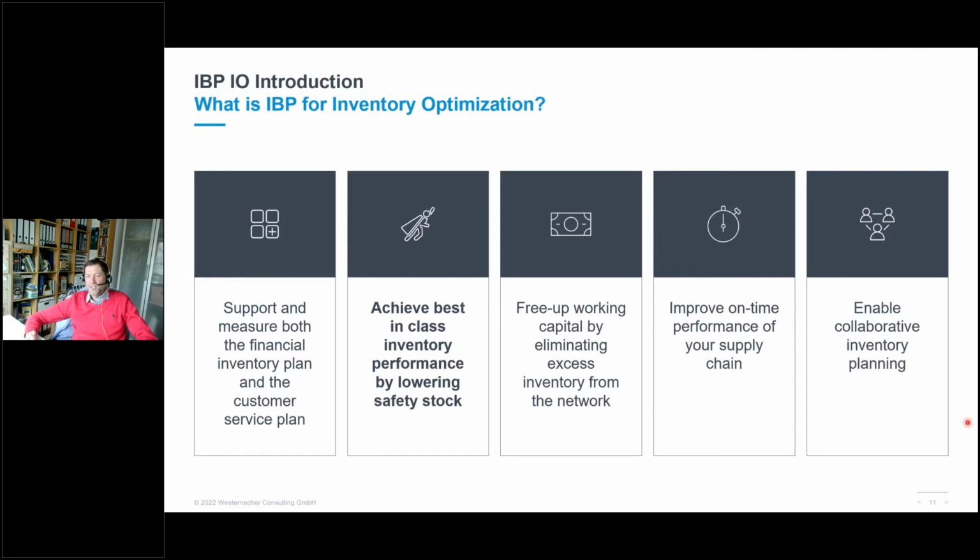And the last process is a collaborative one, because you can use the IBP to collaboratively work on the inventory plan, not only on the safety stock, but on the whole inventory plan. Most of the time there are different points of view for the inventory planning. So the customer service, of course, would like to have 100% service levels.